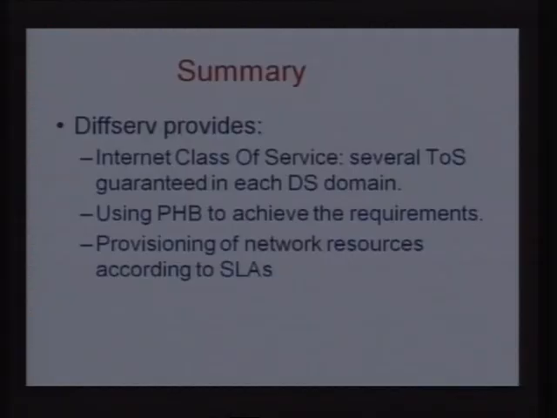So in today's discussion, we talked about quality of service in networks. We talked about the definition of quality of service. We saw the history of quality of service in IP networks, and that from the beginning of the internet there was a provision for quality of service.